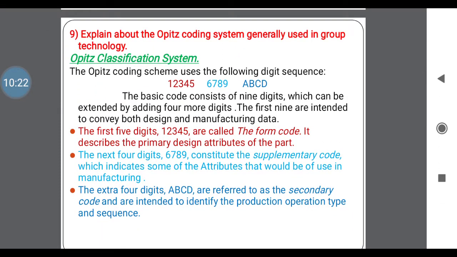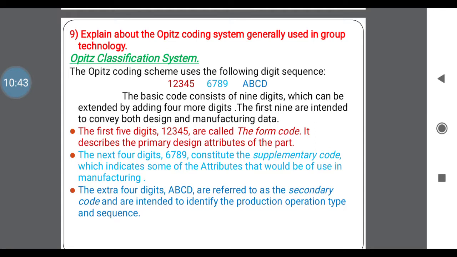Next, I explain the Opitz coding system generally used in group technology. The Opitz coding system or Opitz classification system is a type of coding system which consists of a sequence of digits. First is 1 2 3 4 5, this is one digit. 6 7 8 9, this is a number.